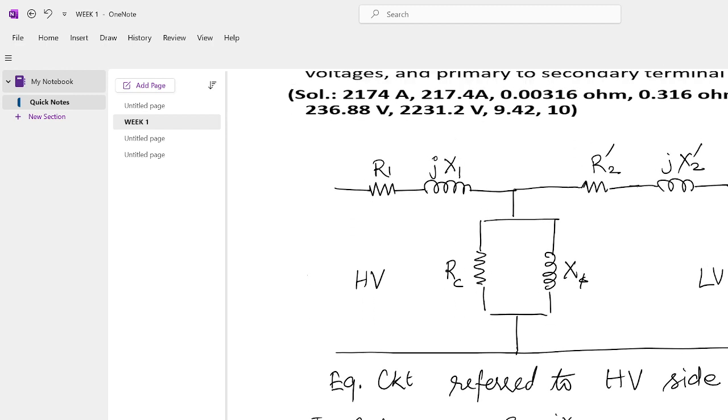When I used A here, I meant N1 by N2. As per the standards, we generally consider A as N high voltage side upon N low voltage side. This is standard from IEEE.